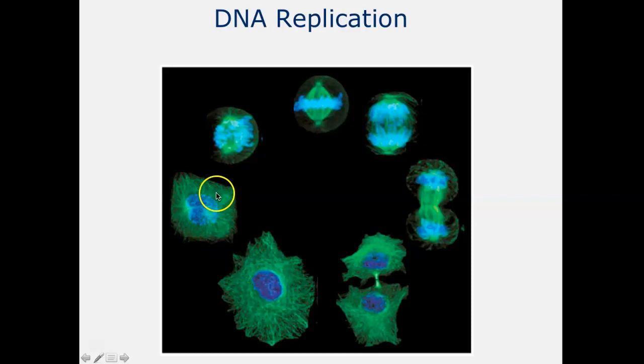And then when it doubles, the entire cell is going to have to split in two. So at the end of the process, you're going to have two cells with the identical copies of the entire DNA genome in each cell, which is quite remarkable. Okay, so that's DNA replication. And let's talk about the semi-conservative replication.